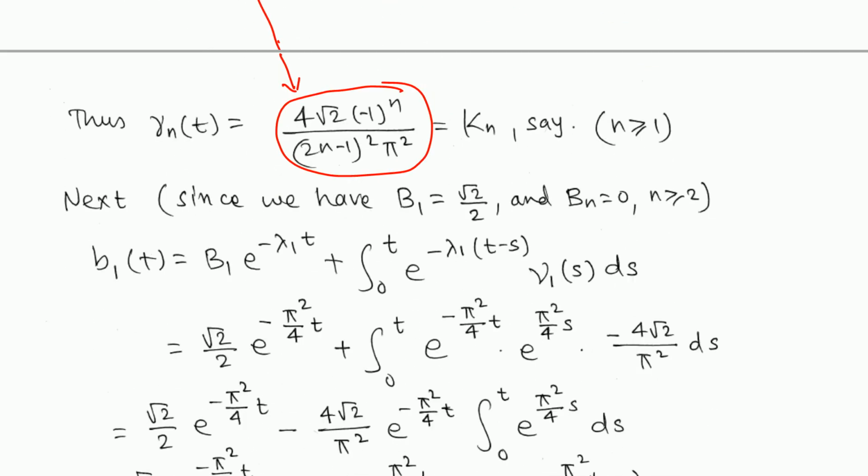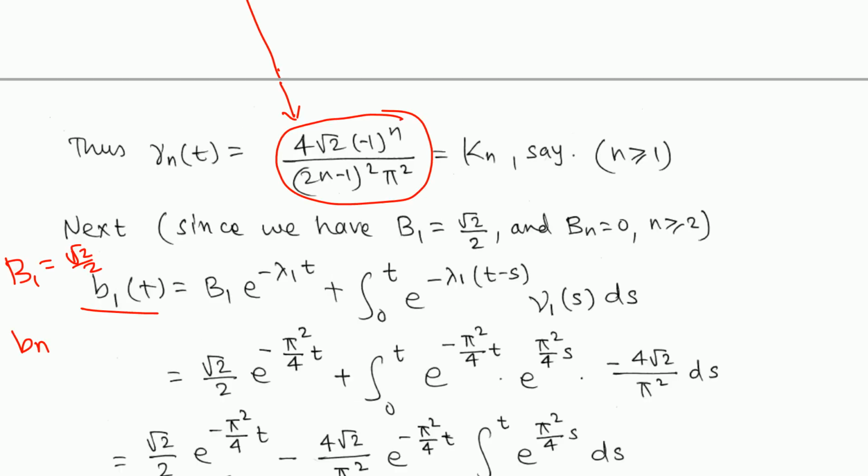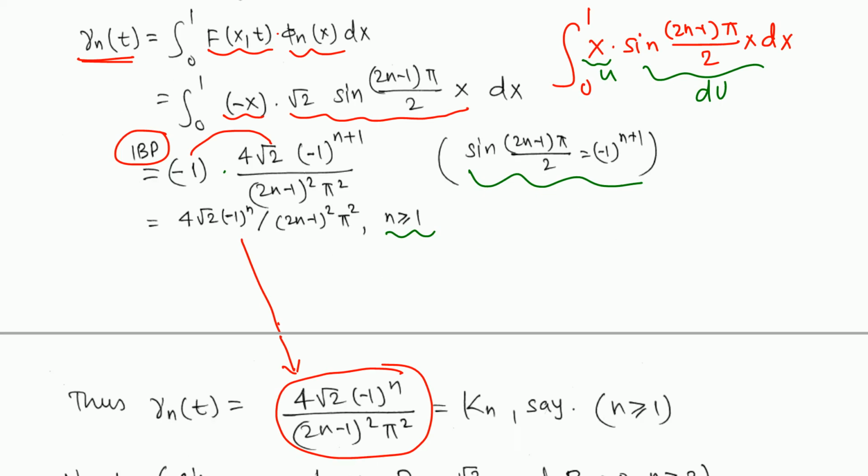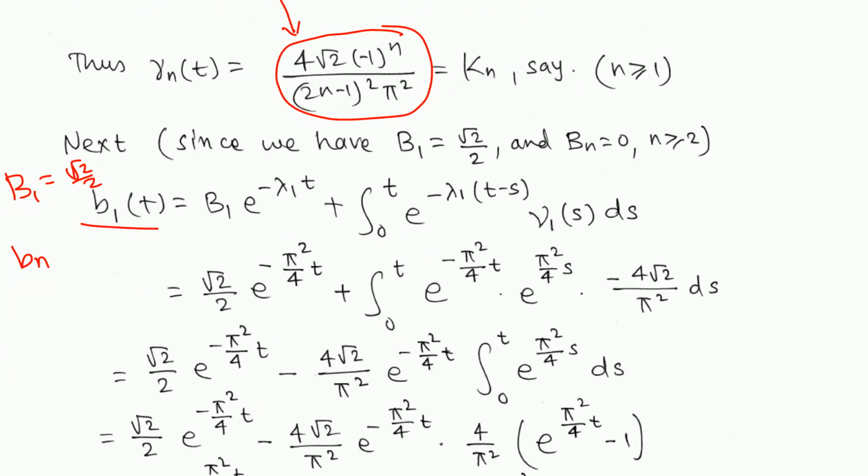Now let's find b1(t). We are supposed to find bn, but we have b1 non-zero, all others, this is root 2 over 2 I believe. Yeah, root 2 over 2, all other bn's are 0, so we need to find it in two different ways. So b1 is just this, it's given, just writing n equals 1, and b1 is root 2 over 2, and lambda n's are eigenvalues. Okay, go back earlier, first page, and look at that, lambda 1.